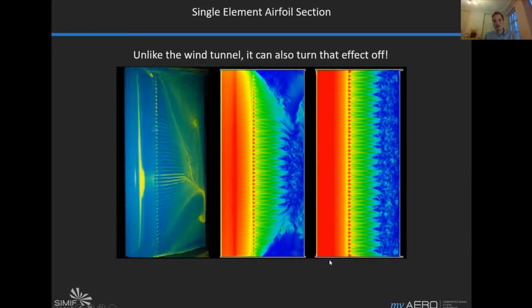It can just impose a zero friction condition at the wind tunnel wall so that these wall effects are just non-existent. On the left, you can see one of the wind tunnel tests, in the center the same section with the wall effect on in XFlow, and on the right, you can see that the wall effect is turned off.